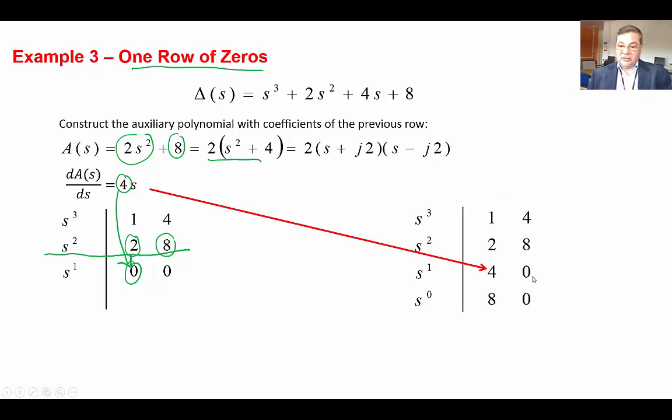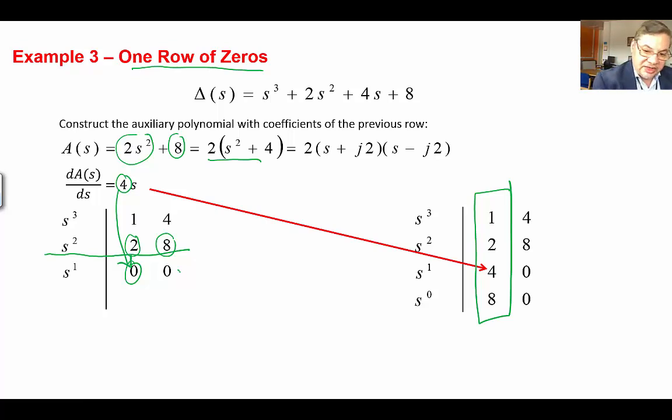If you construct the table, you end up with an array. Look at the first column. Is there any sign change? No. So although we ended up with a very strange situation that all the elements of a row are 0, we ended up with a system that is stable. Actually, when you solve this auxiliary equation, it will give you s equal to j2 and minus j2.